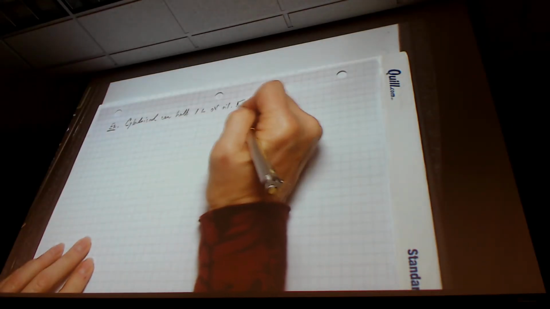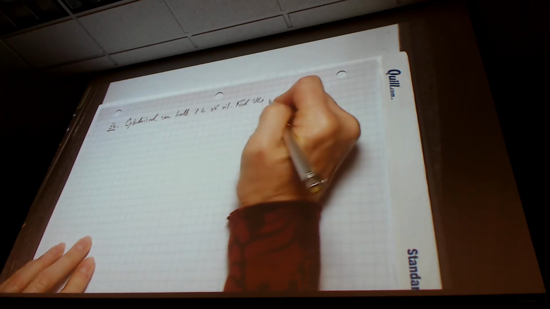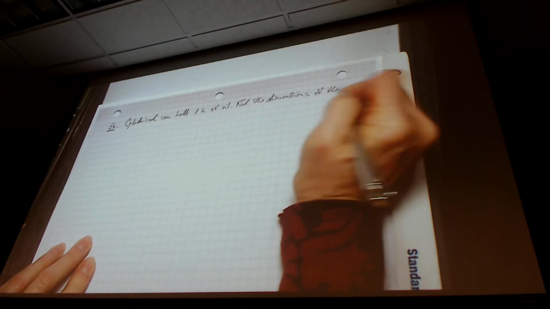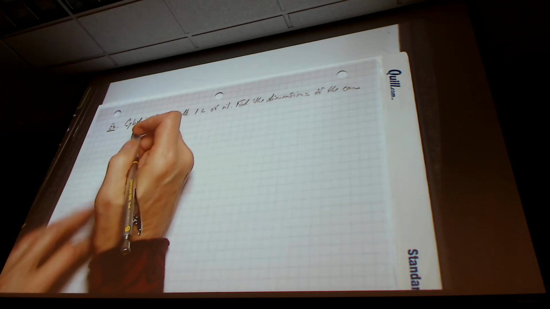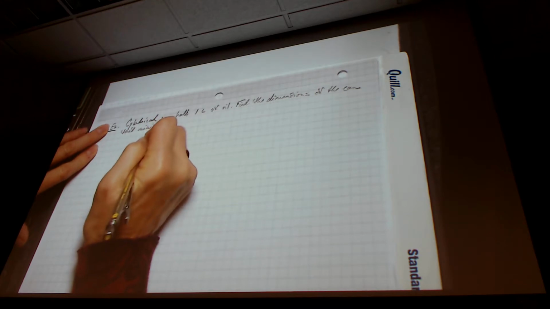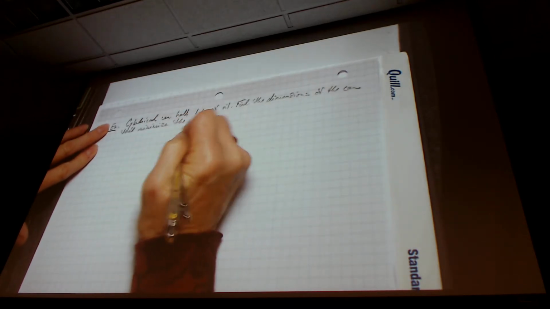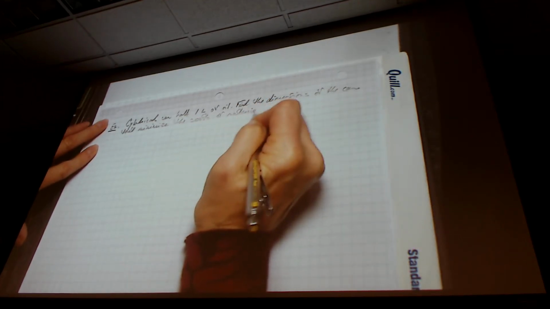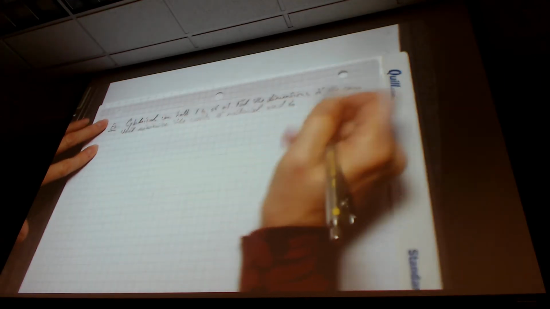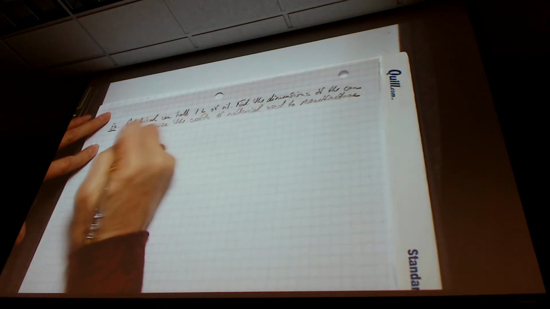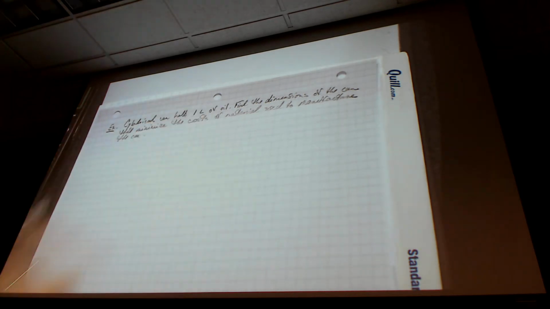Find the dimensions of the can that minimize the cost of material used to manufacture the can. So a very, very simple sounding problem, isn't it?